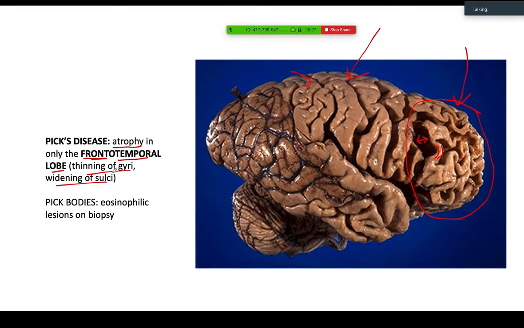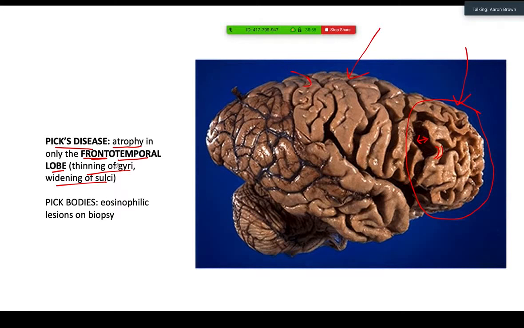All right? So Pick's disease is a genetic disease, and in terms of symptoms, we look for the things we would expect if a patient lost their frontal lobe: lack of ability to plan, lack of a filter in terms of what your patient is saying or how they interact with other people.